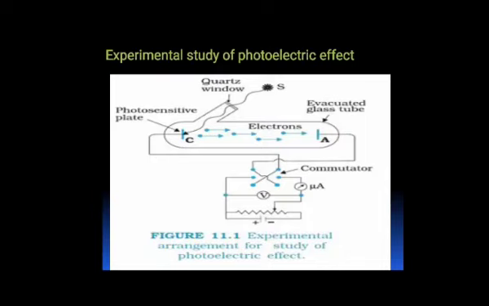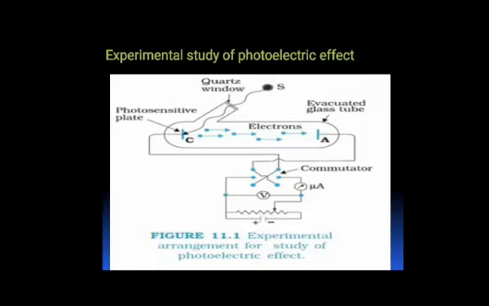Now let us see the working. When light from the source passes through the quartz window, which permits ultraviolet radiation to pass through, and falls on the photosensitive plate C, it emits photoelectrons.